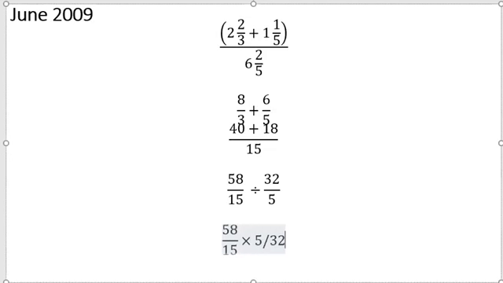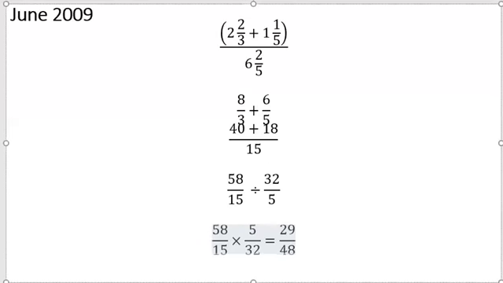So we get 5 over 32. So we can say 5 into itself goes 1 time, 5 into 15 goes 3 times. And then we say 2 into 58 goes 29 times, and 2 into 32 goes 16 times. So what we have is 29 multiplied by 1, and then 3 multiplied by 16, and we get 48.